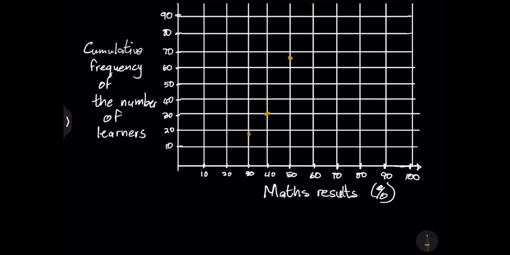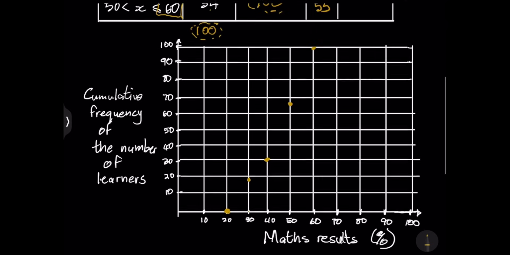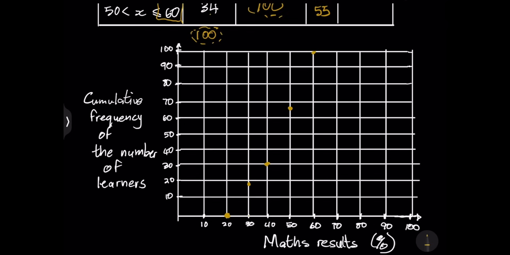So at 20, I'm going to make that 0. Right, so let's try and draw our ogive. It's going to look something like that. And there we go, this is what my ogive looks like.